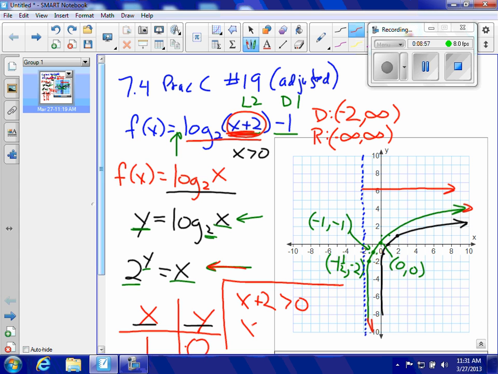Well, that means x has to be greater than negative 2. And that matches up perfectly with my graph. As far as range goes, I could find the inverse, and maybe I'll do that on another problem. But I can see that the range of all logarithmic functions is all real numbers. So that is how you do this problem 7.4, number 19.